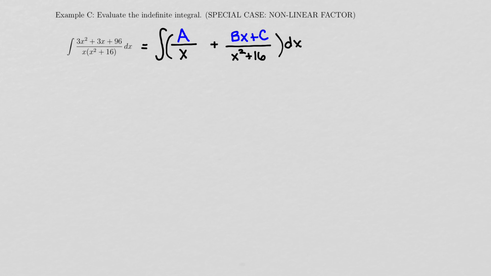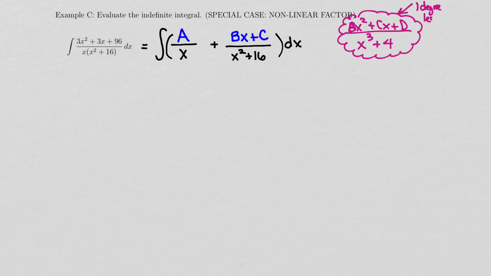If you have an x squared on the bottom, then you have to put a linear expression on top. What if I had x cubed plus 4 on the bottom? What do you think I would put on top? bx squared plus cx plus d, exactly. So you always have 1 degree less on top. I'll just put that note down. So we'd always put 1 degree less on top with our dummy variables, okay? Does that make sense?